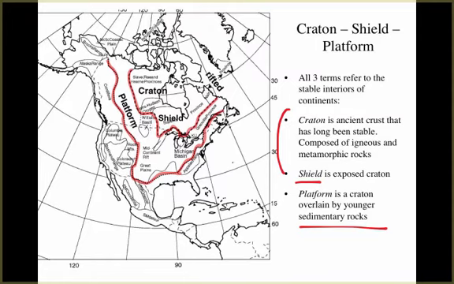And so if we just look at North America, you'll see the shield here south of Hudson Bay, the craton north of there, and the platform surrounding the craton and the shield. So the sediments overlying this older core of the North American continent.